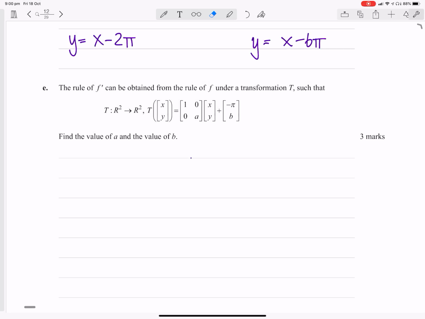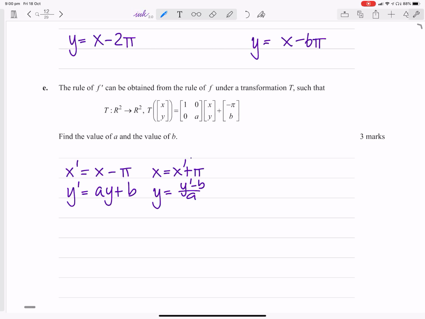So we know, expand that out, x dash is x minus pi, y dash is ay plus b. So x is equal to x dash plus pi, y is equal to y dash minus b on a.